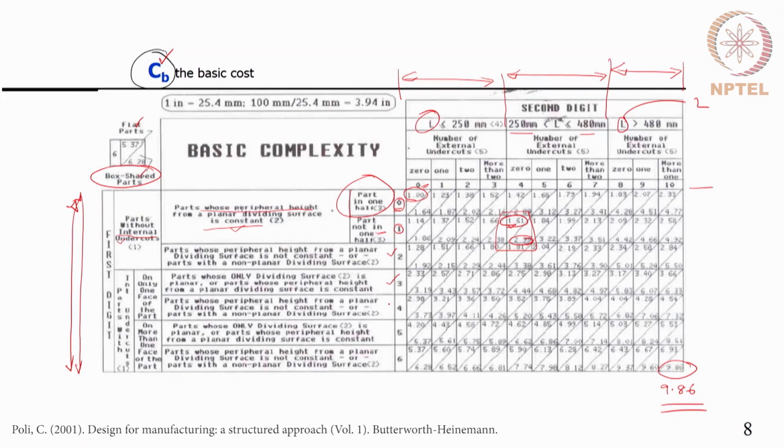So, we will see a little more in detail about these features, so that we know which of these rows one has to pick for taking the relative tooling cost, the die construction cost, the CB component of that.